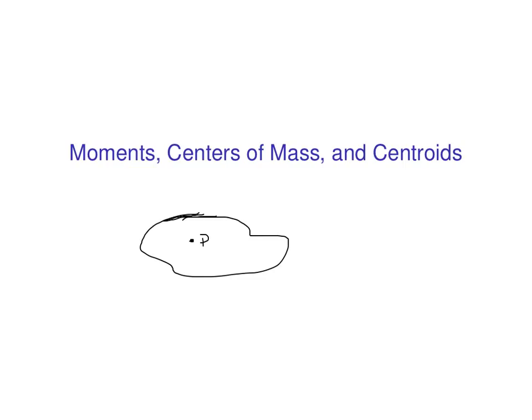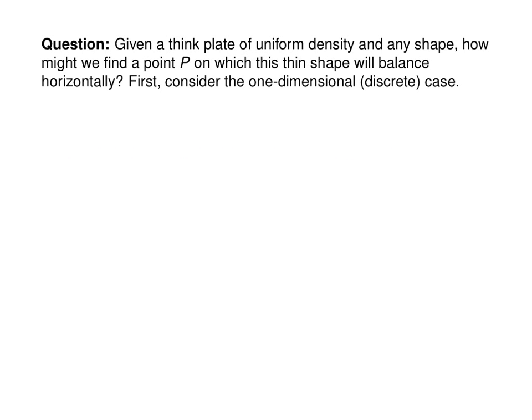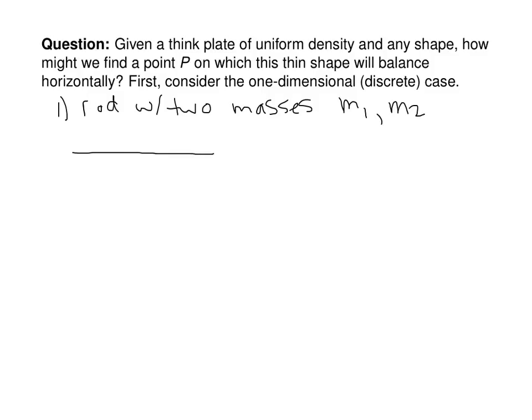So to figure that out, let's start with a simple one-dimensional discrete case. Consider we have a rod with two masses. You could think kids. We call them M1 and M2, and they're attached to this rod with negligible mass at a distance. So M1 is a distance of D1 from the fulcrum, and M2 is a distance of D2 from the fulcrum.